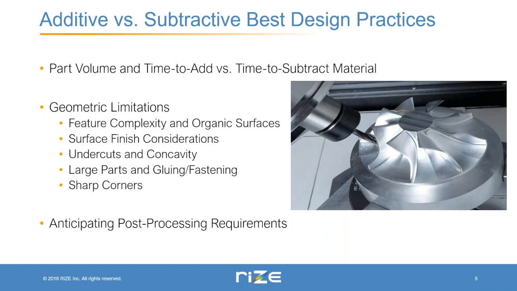On the other hand, subtractive manufacturing has sort of an opposite situation, where the convex corners can be as sharp as desired, and the concave corners have a limited radius based on the radius of the milling tool that's being used.